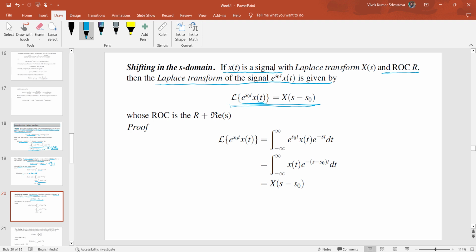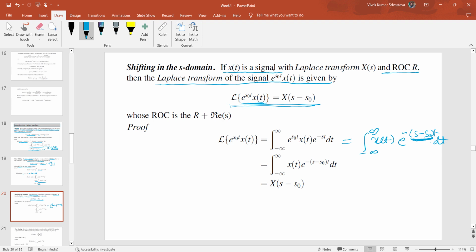The Laplace transform of e raised to the power s naught t into x of t is equal to the integral from minus infinity to infinity of e raised to the power s naught t into x of t into e raised to the power minus st dt. So from here we can take x of t into e raised to the power minus (s minus s naught) t dt. Now we can see that the parameter is changed.